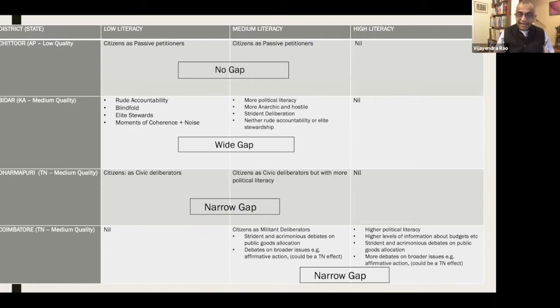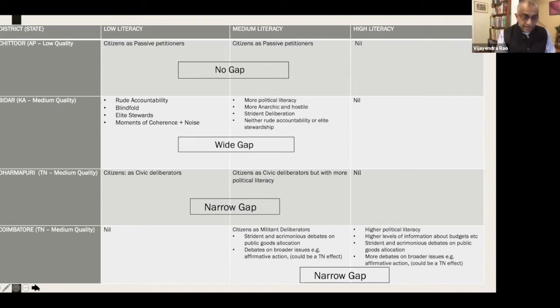Now go down to Kerala, and you again see no difference at all in Kerala villages. In fact, everybody's literate, so there's no difference by definition. So the point of that slide is to show you that literacy doesn't matter as much in a Gram Sabha as what the state is doing in terms of facilitating the space. So in other words, state policy can make all the difference.